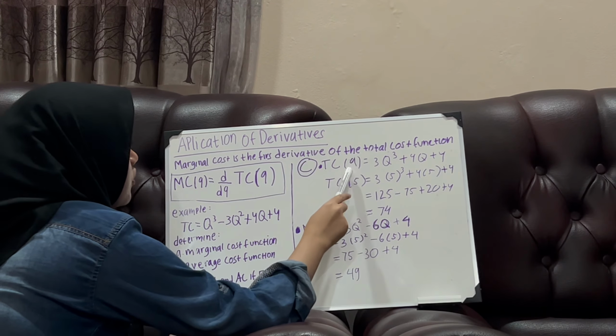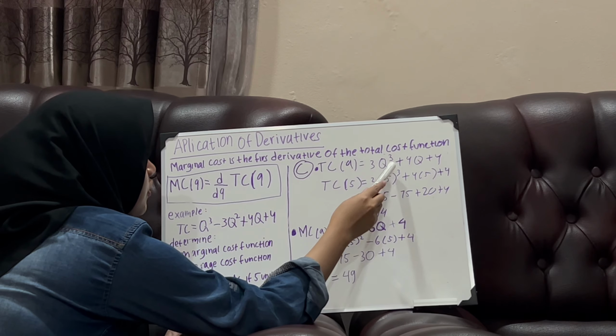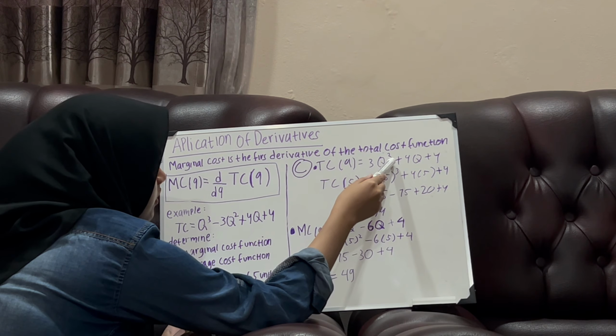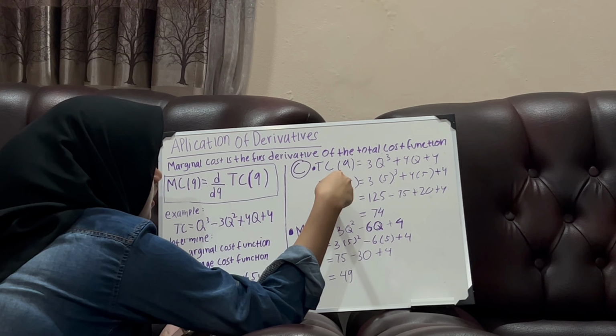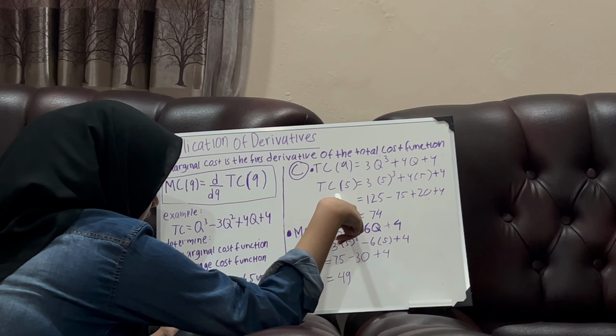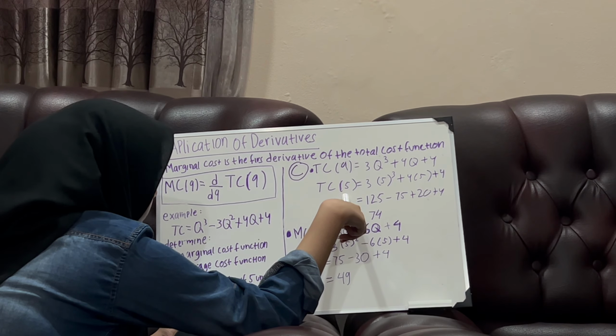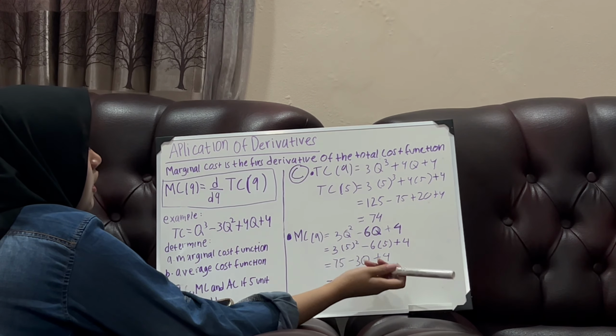TC(Q) equals Q cubed minus 3Q squared plus 4Q plus 4. Q changes with 5 because 5 units are sold.